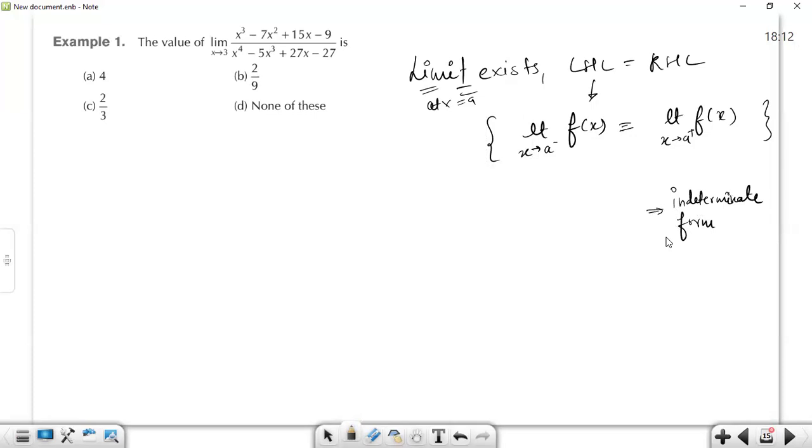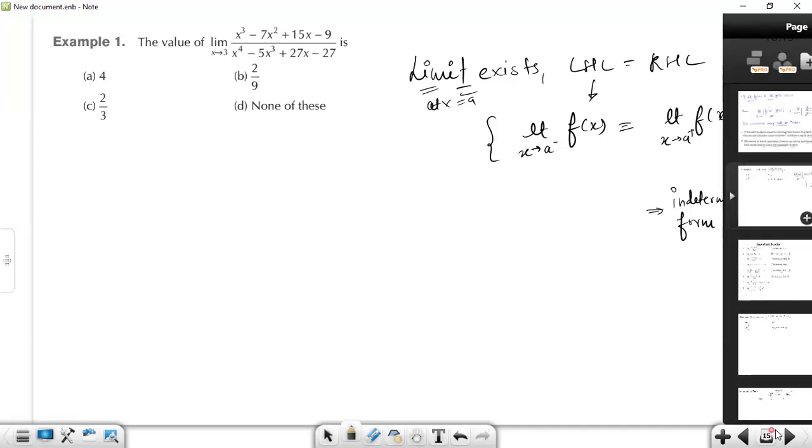Sir, infinity by infinity. Infinity divided by infinity, okay, this is one form. And what other forms are there? I don't know, sir. Okay, so I'll send the notes today. Please learn those.